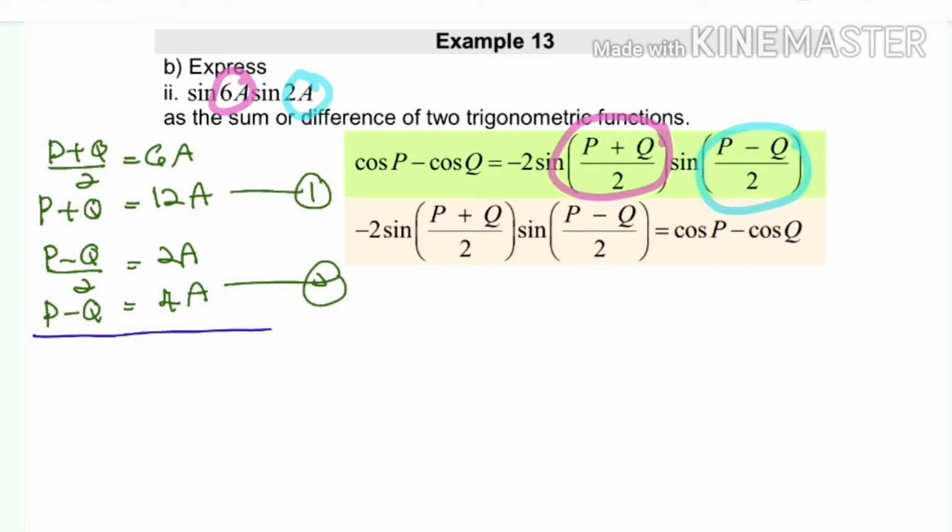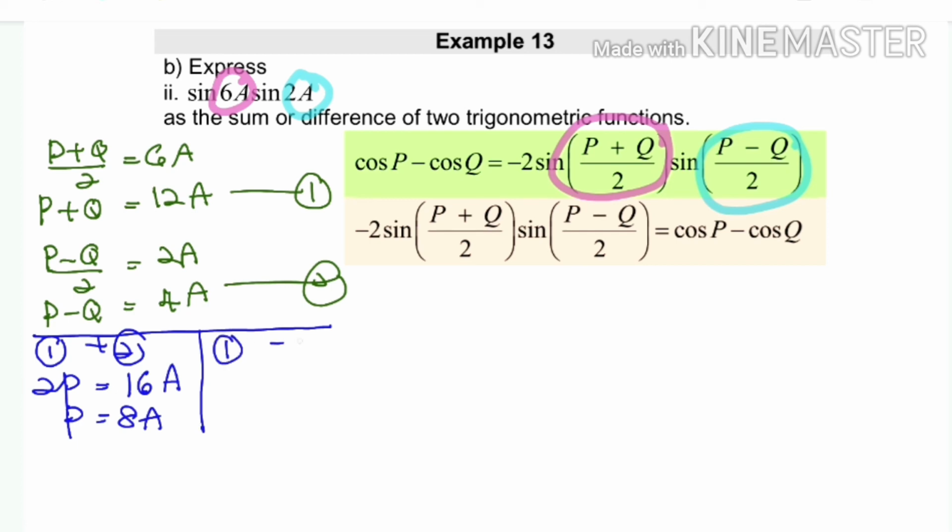Let's solve this simultaneous equation. First plus second: P plus P is 2P, Q plus negative Q is 0, 12a plus 4a equals 16a, therefore P equals 8a. Next, first equation minus second equation: P minus P is 0, Q minus negative Q is 2Q, equals 12a minus 4a equals 8a.